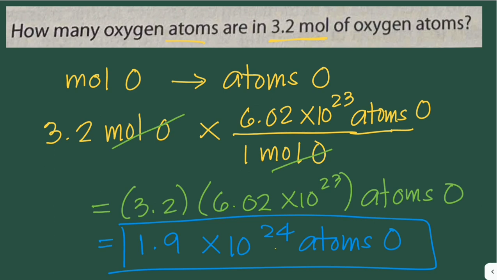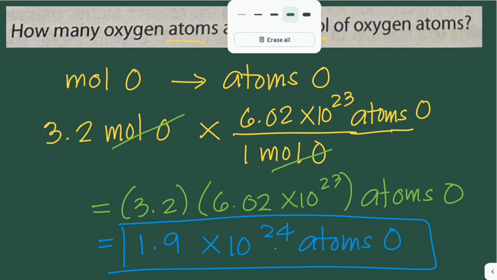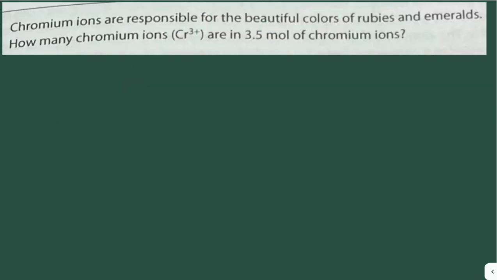All right, let's solve some more problems. All right, chromium ions are responsible for the beautiful colors of rubies and emeralds. How many chromium ions, Cr+3, are in 3.5 moles of chromium ions?